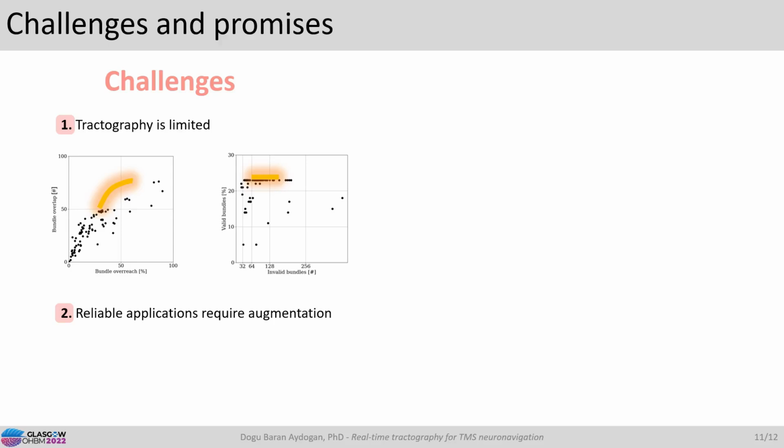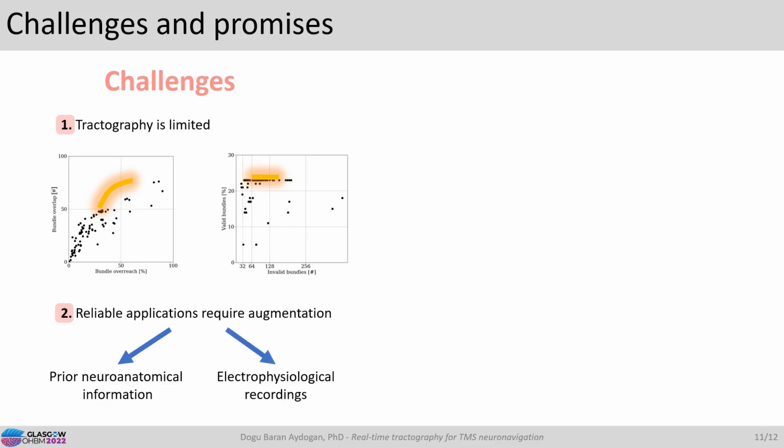So what's augmentation? Augmentation here means that we need to complement the structural connectivity information that we are observing on the display. The most accepted approach is to use prior neuroanatomical information, which means the operator needs to know what they are looking for. That is, a fiber bundle of interest in real-time tractography.